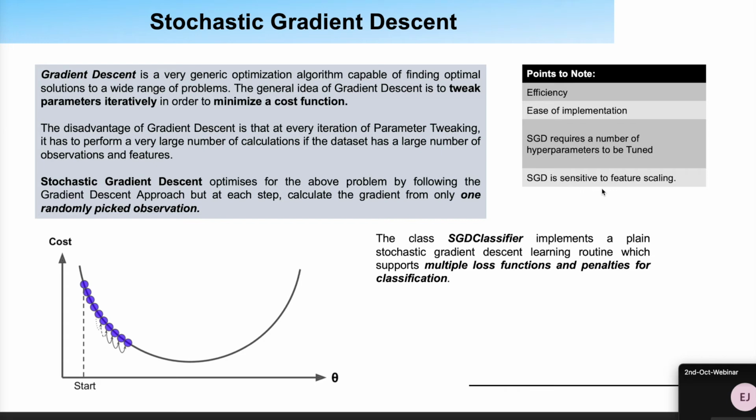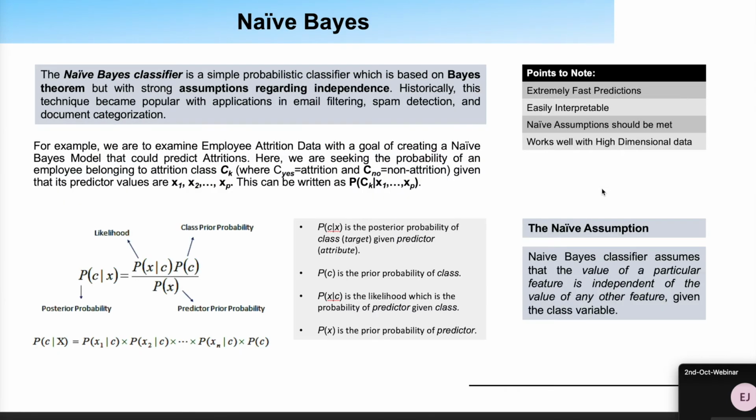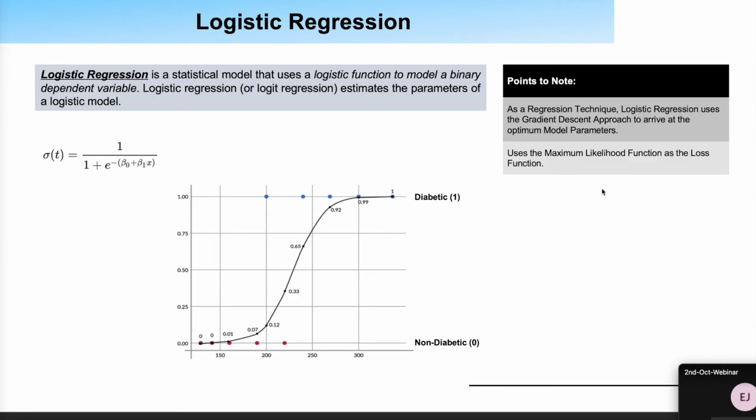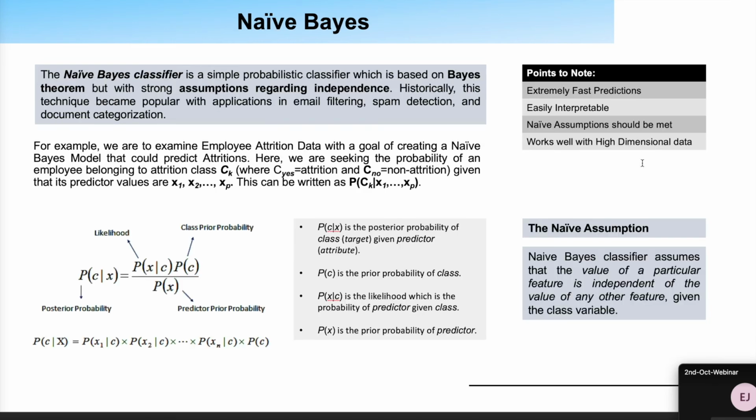Or for that matter, if we go back, we said that for logistic regression we use the loss function, which is the maximum likelihood function, right?